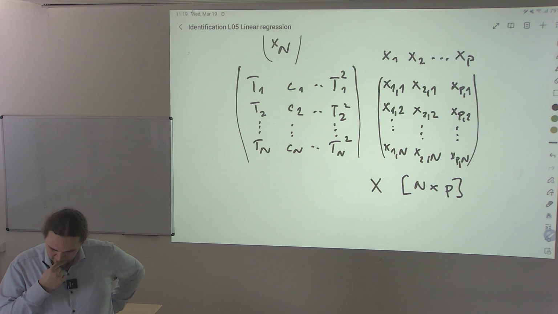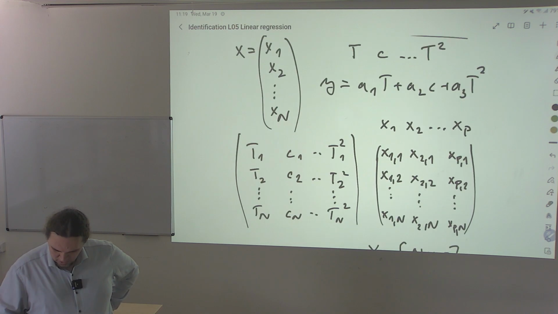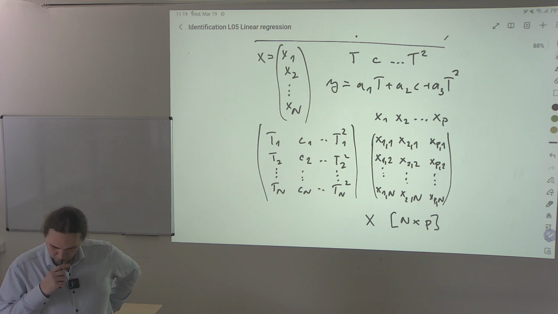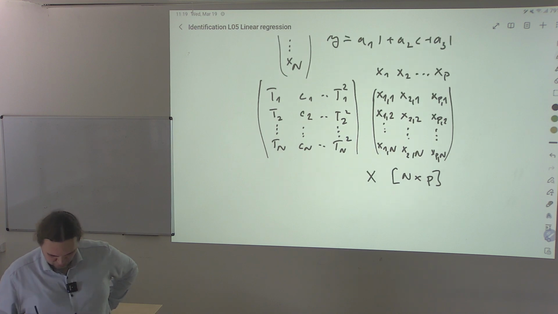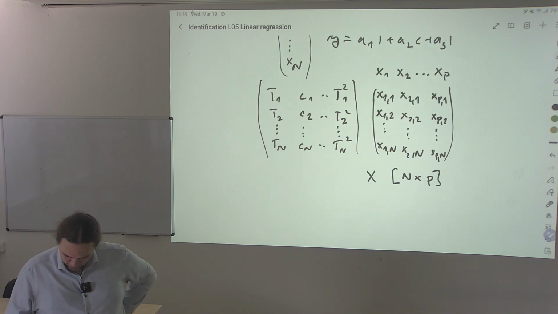Okay, so now that we have established this notation, what is our notation to recall?